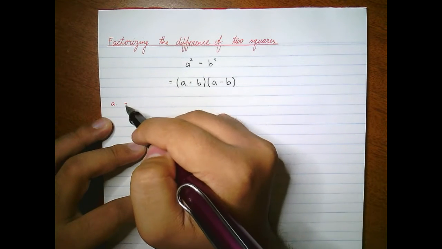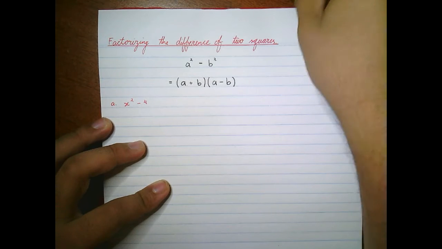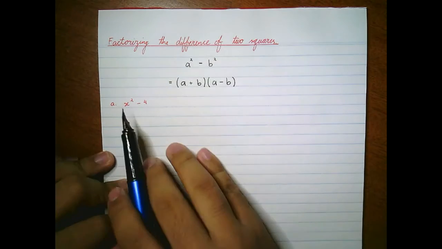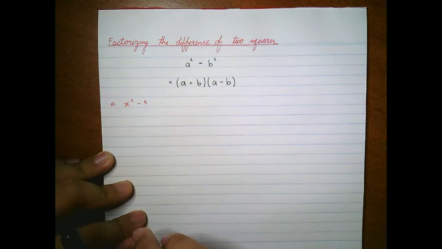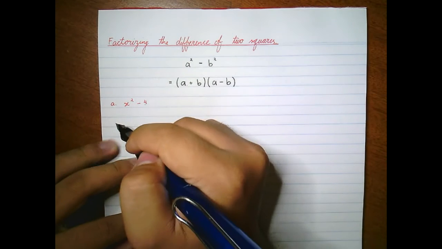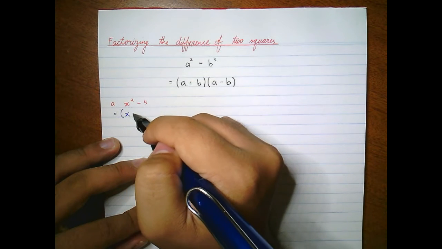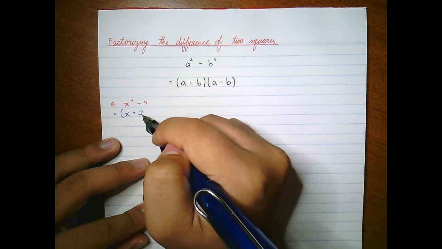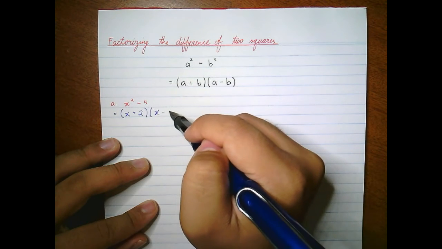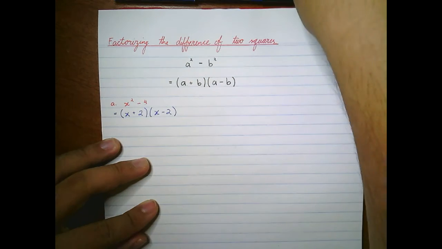If we had x squared minus 4, we have two squares. x squared is a perfect square and 4 is a perfect square, so this will factorize into x plus 2, x minus 2. It's as easy as that.